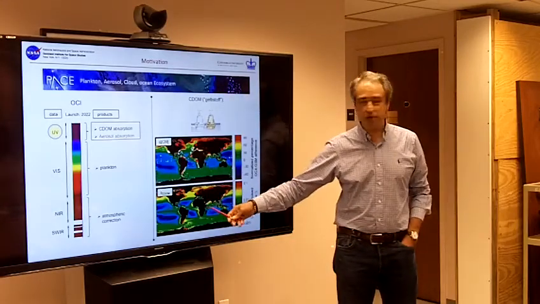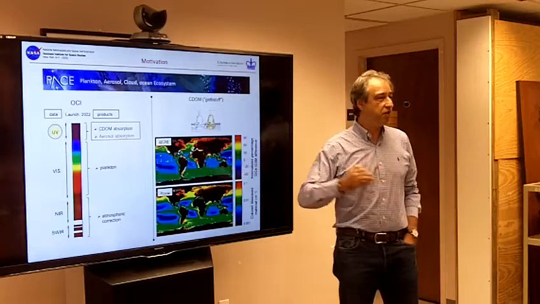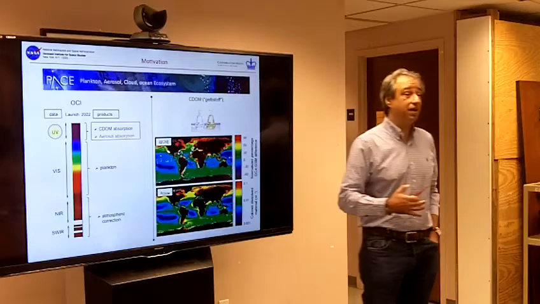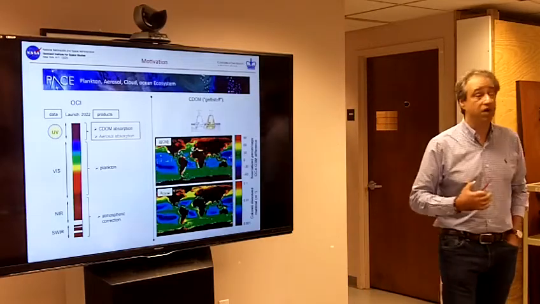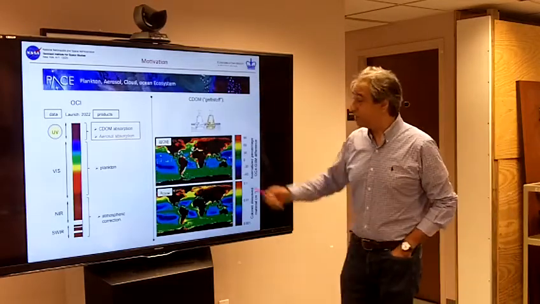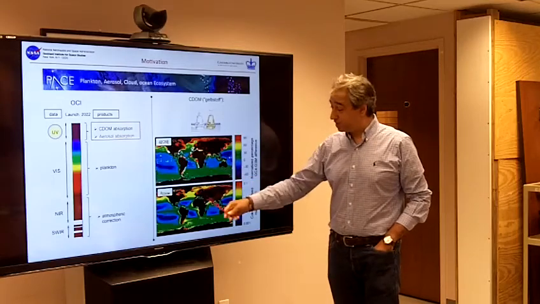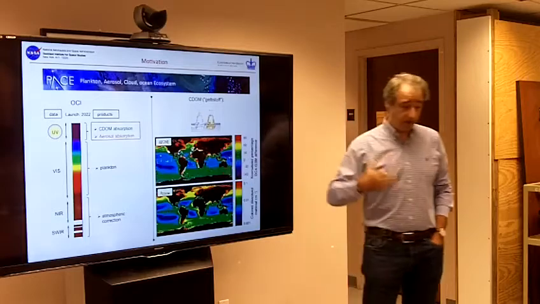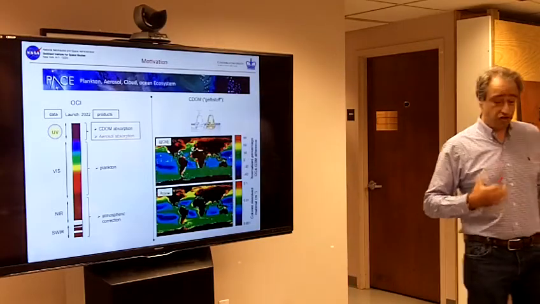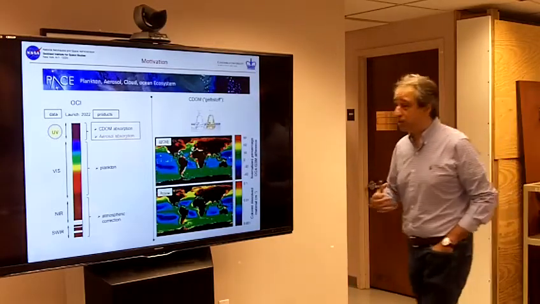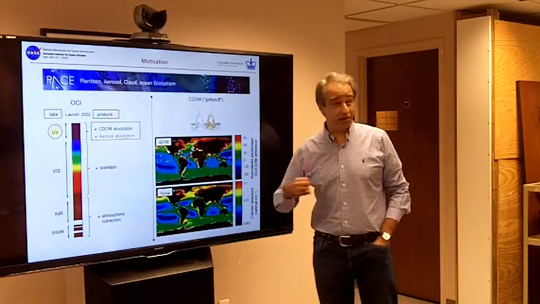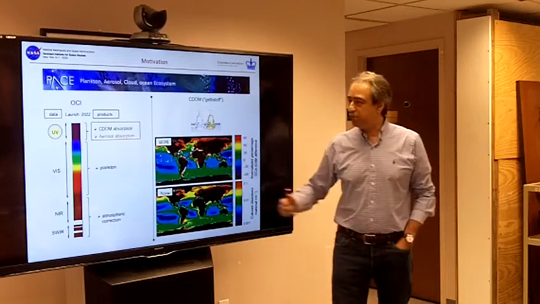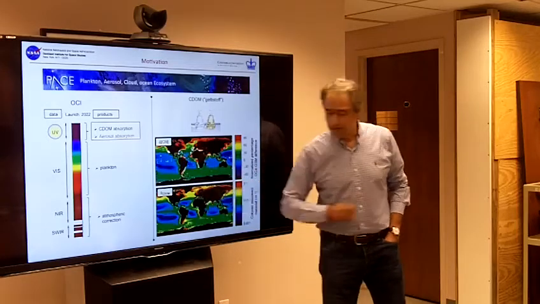Is this one the correct one, which explains the differences between the two different algorithms that apparently then do not take CDOM well into account? Or is this picture wrong, and this retrieval algorithm has to be adjusted? To make a long story short, if you're looking at the visible part of the spectrum, it is not easy to distinguish between chlorophyll concentration and CDOM.